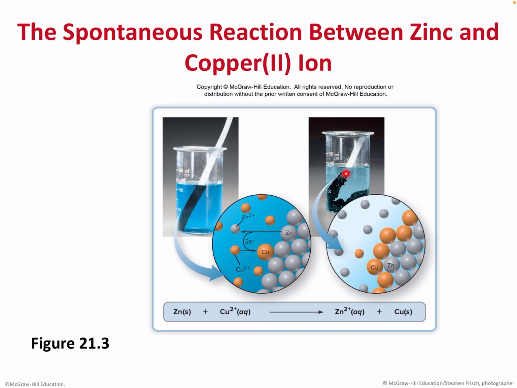And here one more thing that you can notice is, since zinc solid is being oxidized, it becomes zinc 2 plus. So can you see that the zinc strip is also being reduced here?